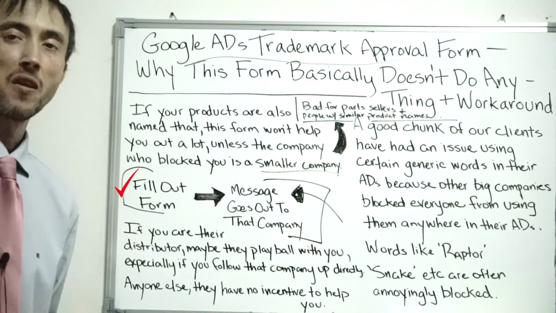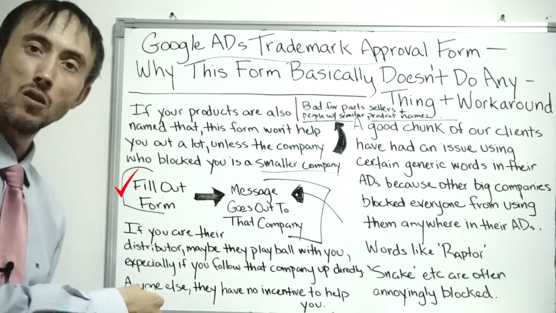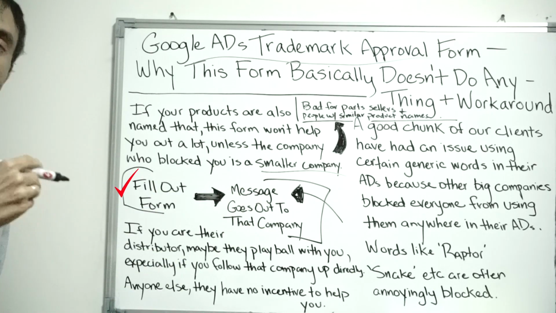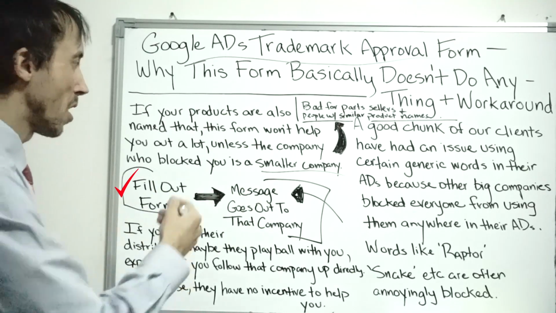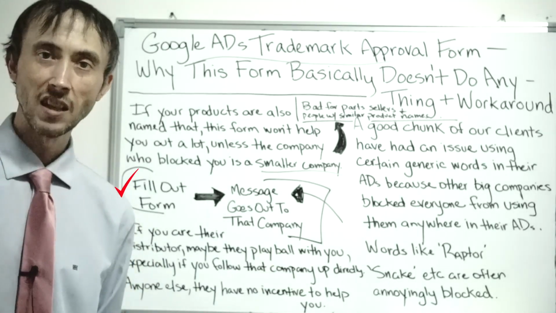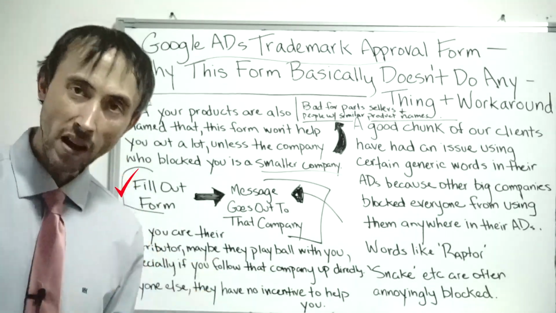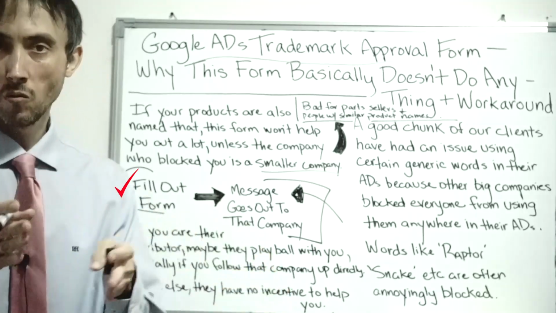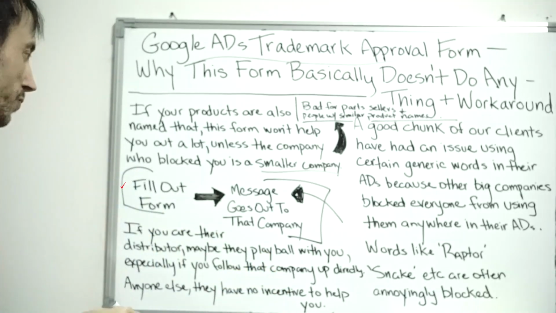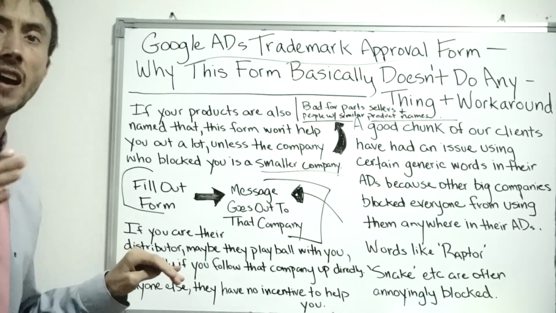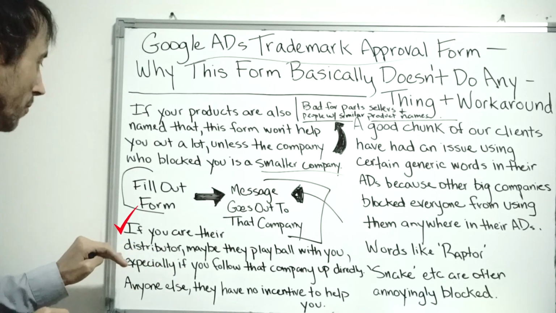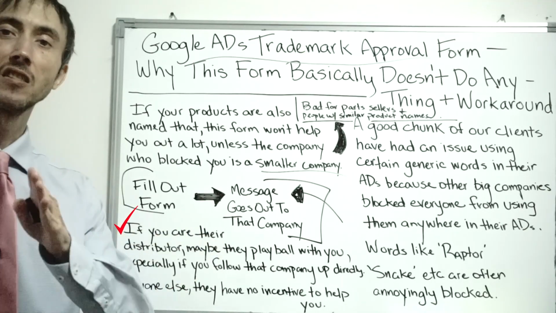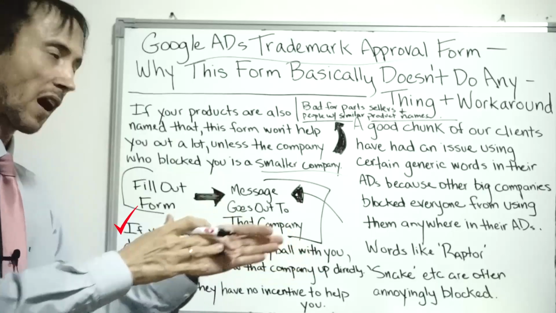In that case, the company's small enough that the person it gets sent to can either directly or through one person they know get your request approved. Because they rely on you, the distributor, to sell their products, they're incentivized to let you use their trademark in your ad.